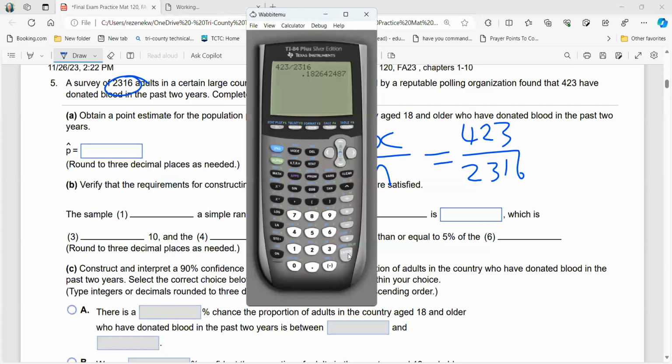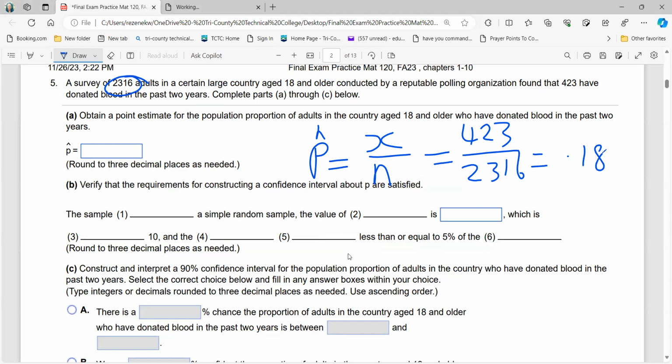Now, since my answer is 0.183, verify that the requirements for constructing a confidence interval about P are satisfied. Requirement number one is that the sample size must be less than 5% of the population.